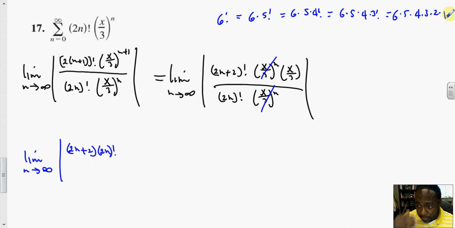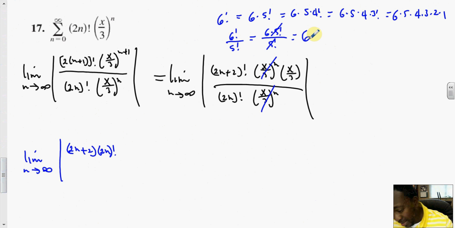You get the point, right? But you can just stop and say 6 factorial is 6 times 5 factorial. So if you had, for example, 6 factorial divided by 5 factorial, this is 6 times 5 factorial all over 5 factorial. You're left with 6. That's ideally what we're doing.